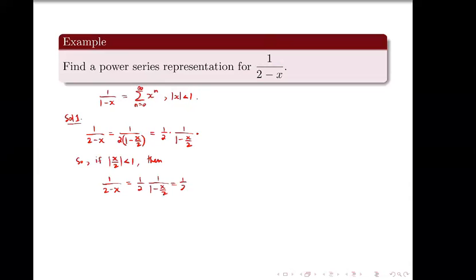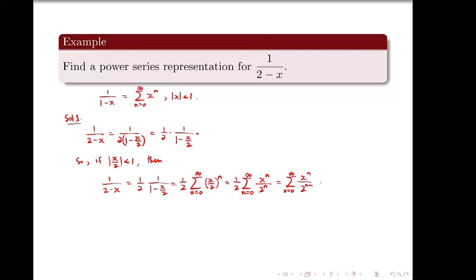This is equal to 1 half sum n starting from 0 to plus infinity of x over 2 to the power n. We simplify this: 1 half sum n from 0 to plus infinity, x to the n over 2 to the n. And we can bring this 2 inside the summation. We will have sum x to the n over 2 to the n plus 1, n from 0 to plus infinity.